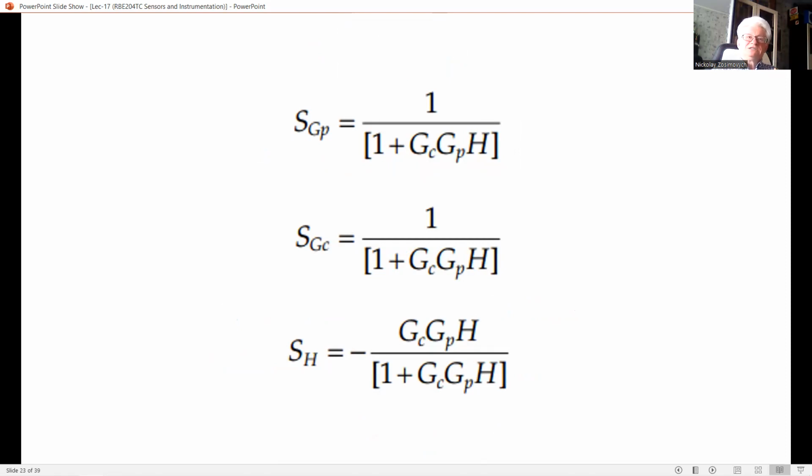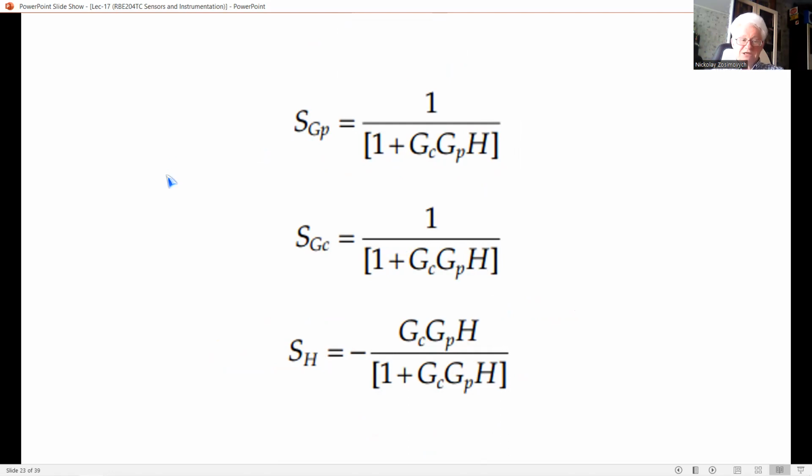Specifically, by straightforward partial differentiation of the equation before last, separately with respect to G sub P, G sub C, and H, respectively, we get these three equations.